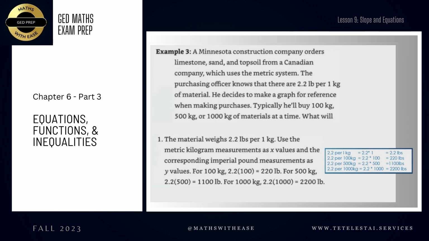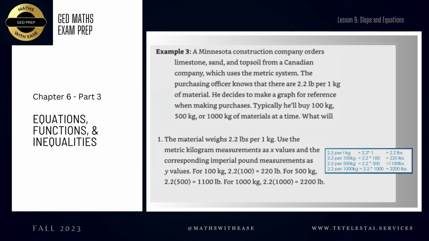The purchasing officer knows that there are 2.2 pounds for every 1 kilogram. In other words, let's say you bought a scale to measure your weight and you were in Canada, the scale would be in kilograms. So to convert it to a quantity that you're comfortable with, if you know your weight in pounds, you can find the kilogram equivalent, right?